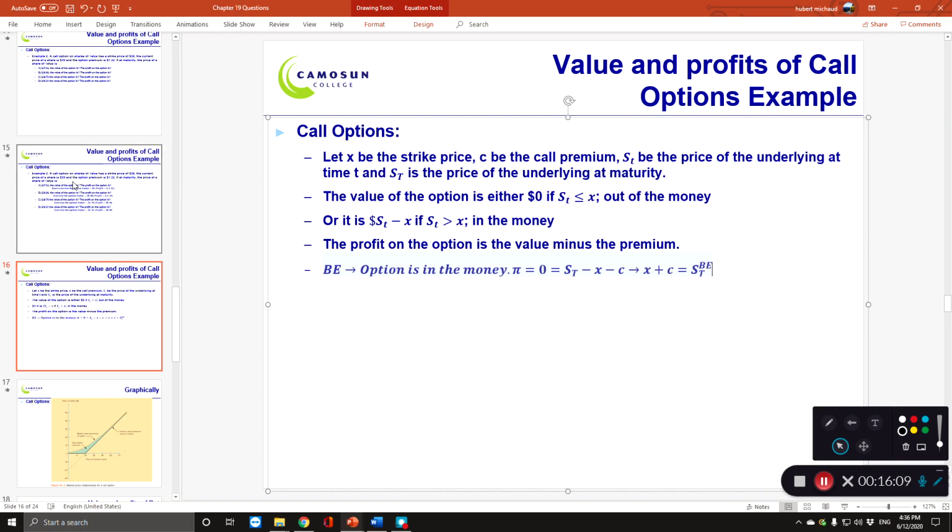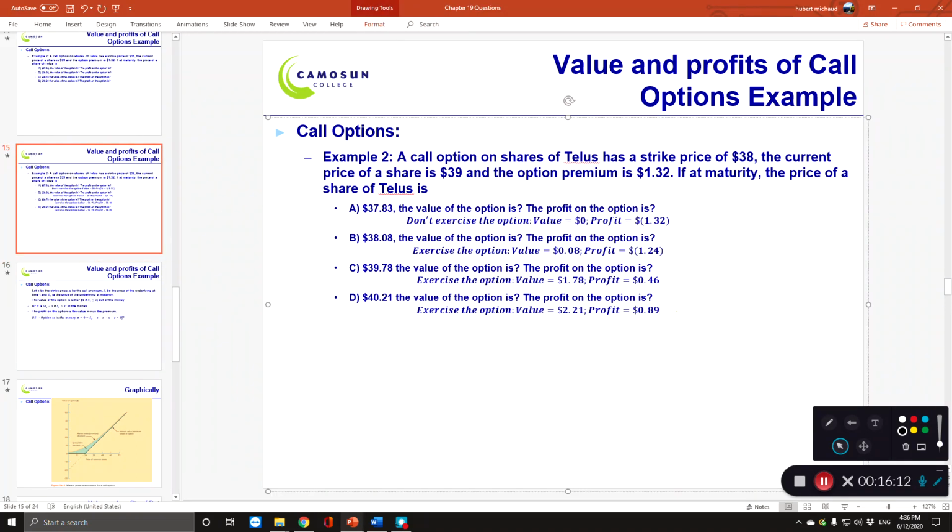Let's go back here and try to find the break even price of the underlying at maturity. We already know, by the way, it's going to be between 39.78 and 38.08. It has to be between these two.